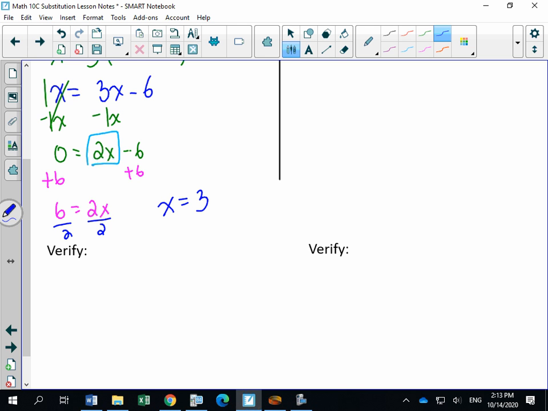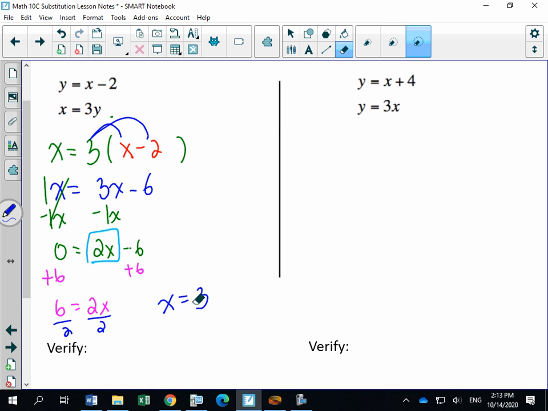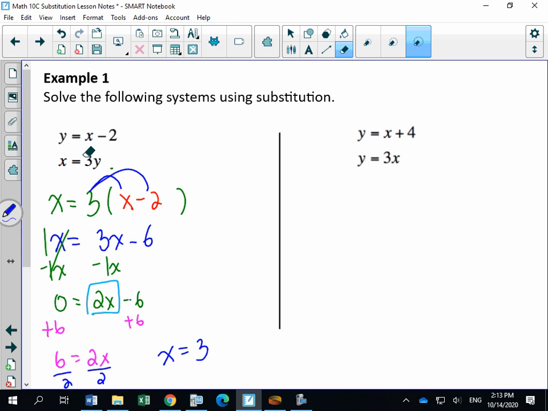So now that we have one of our variables, we need to find our y coordinate, right? Because remember that this is two lines, and the solution is where these two lines intersect. So they're going to intersect at x is equal to 3, but what's the y value? I could plug x is equal to 3 into either one of these systems, and I will get the value.